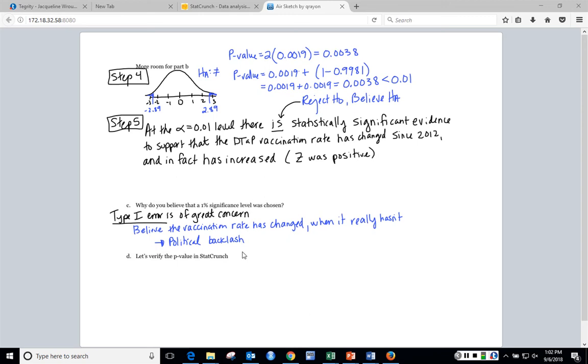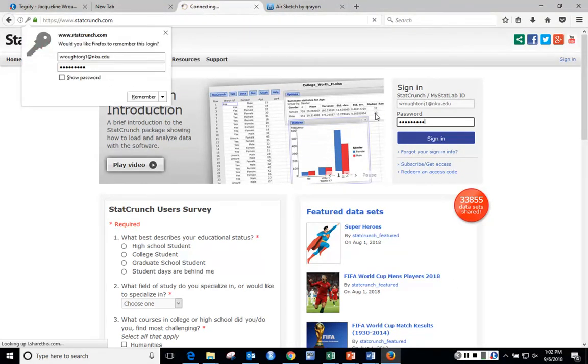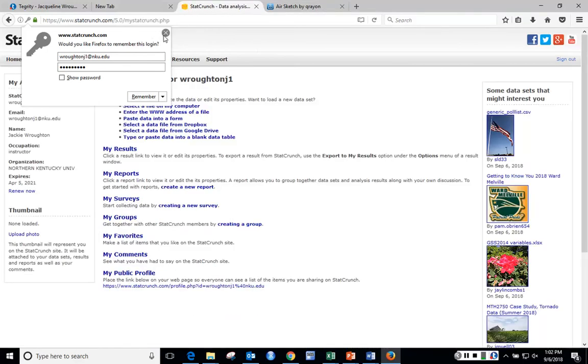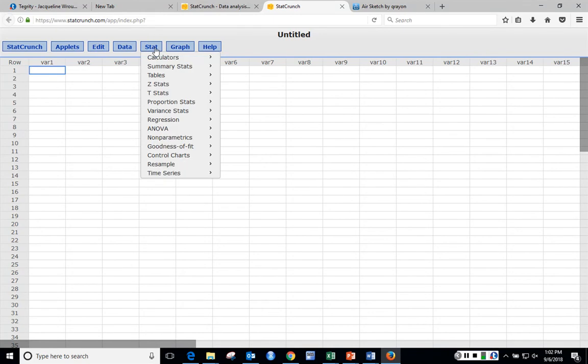Alright, finally, we're just going to verify how to get this p-value in StatCrunch. So if you just pulled up your StatCrunch page here, I'm just going to open a blank worksheet. I don't need a data set for this one. We're just going to be going to Stat, Proportions, One Sample with Summary.